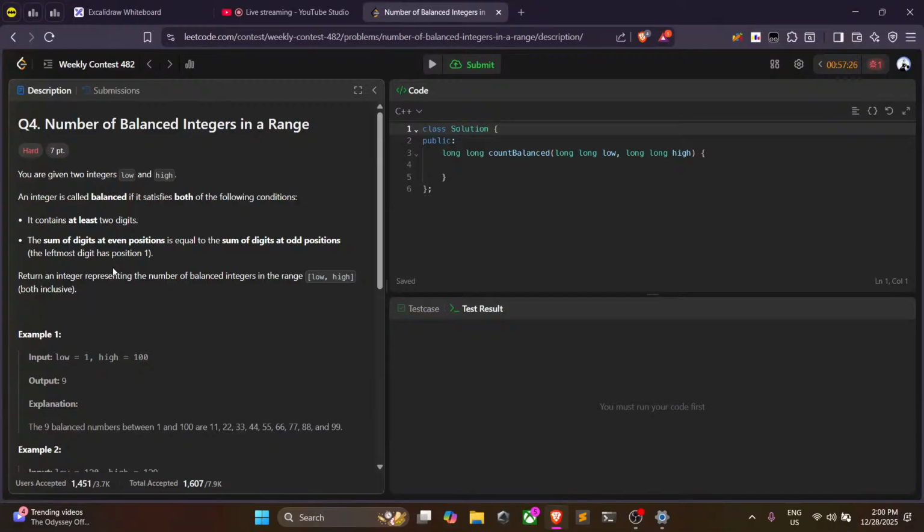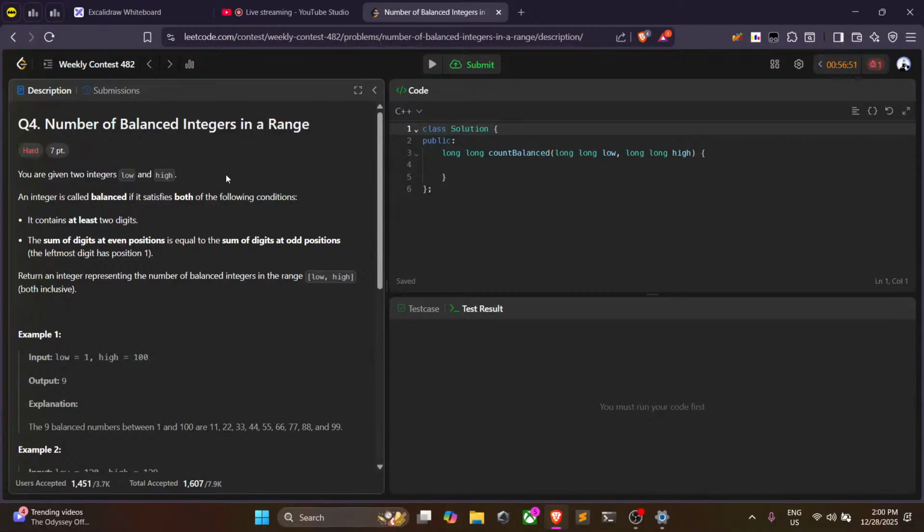This is the number of balanced integers in the range. You are given two integers, low and high. An integer is called balanced if it satisfies both of the following conditions.